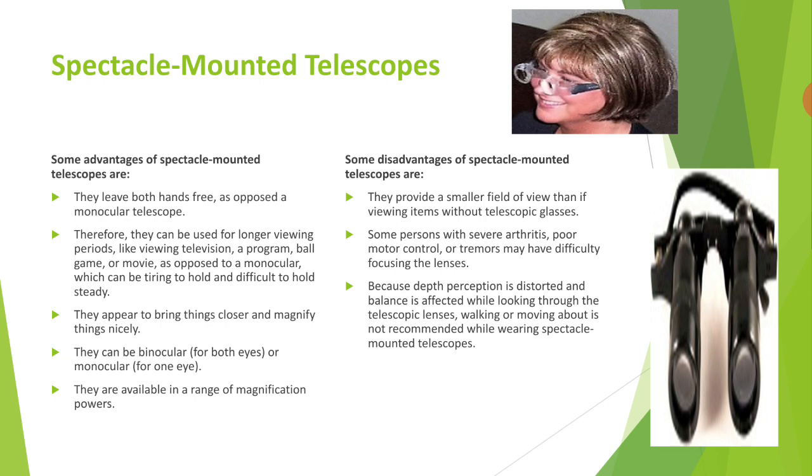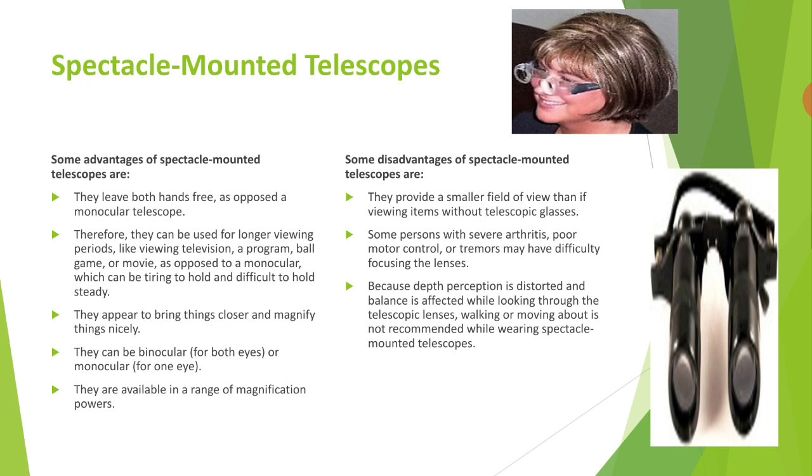The disadvantage of the spectacle mounted telescope is that it provides a smaller field of view than viewing items without the telescope glasses. It is the same as the handheld telescope. Some persons with severe arthritis, poor motor control, or tremors may have difficulty focusing the lenses.